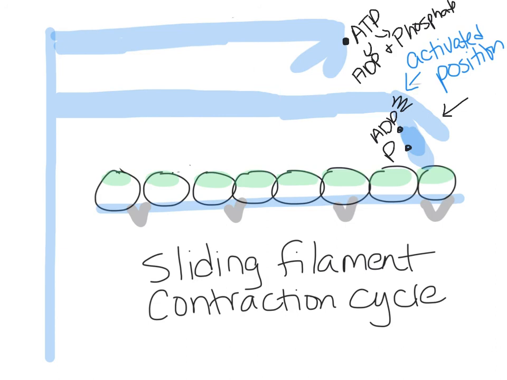Now the ADP is going to get released, and the phosphate group is going to get released, and two things are going to happen. When the phosphate group gets released, it makes this bond here tighter. So it just makes it tighter.